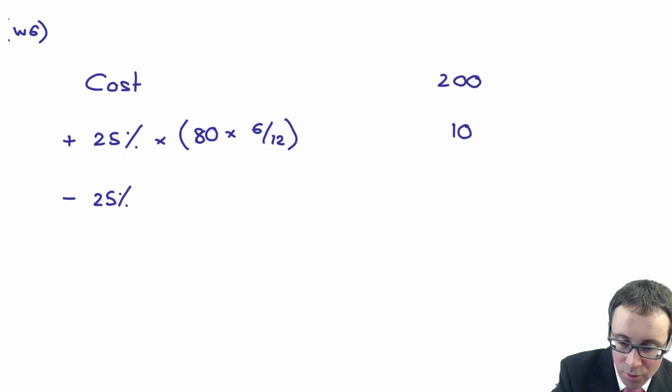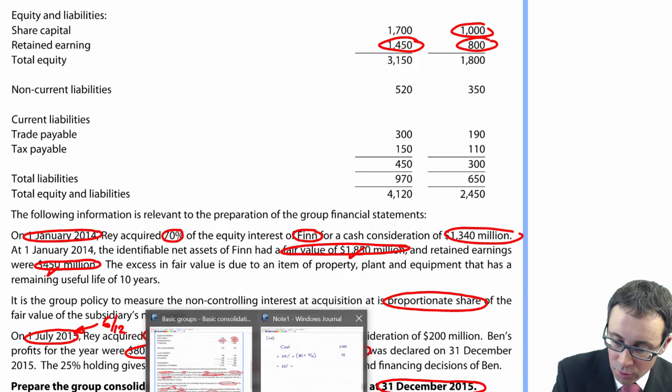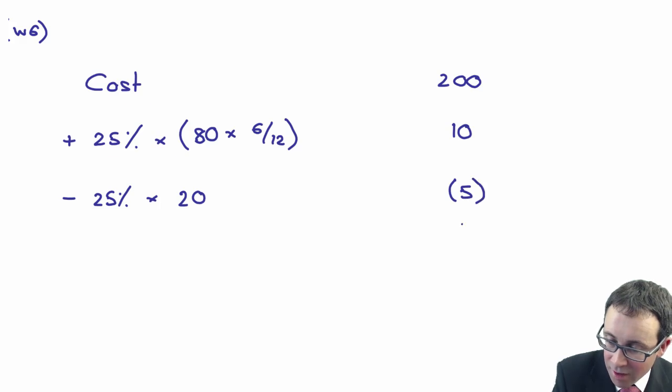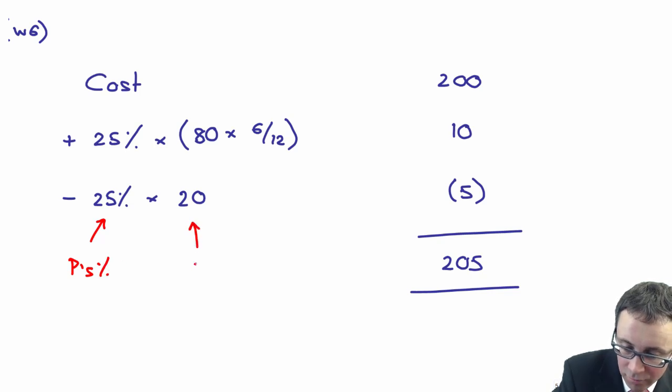So we need to take 25% of that dividend, which was 20. So is that there as 5? So what you have there is P's share of A's dividend.